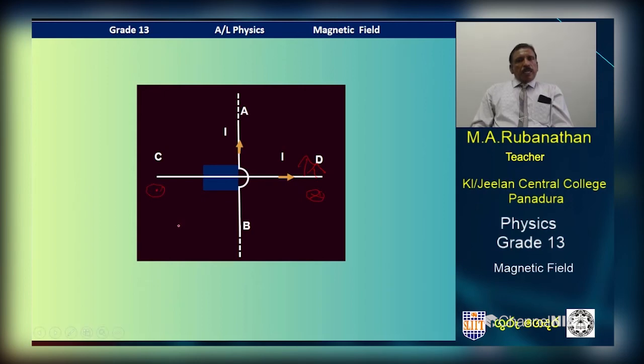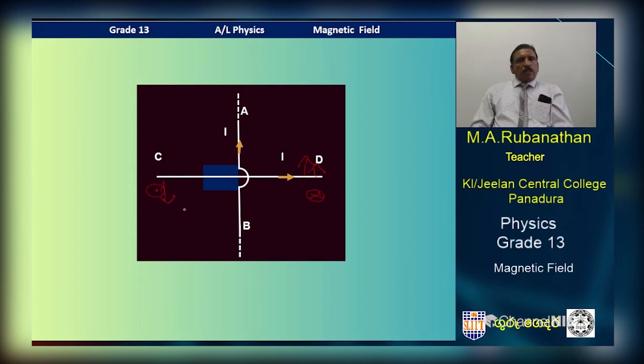Therefore, when you take your left hand and find the direction of the force, with the first finger in the direction of the magnetic field, the second finger in the direction of the current, and the thumb in the direction of the force, the force is in the downward direction.